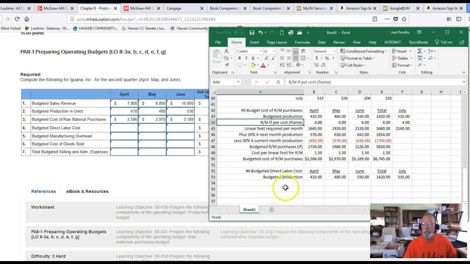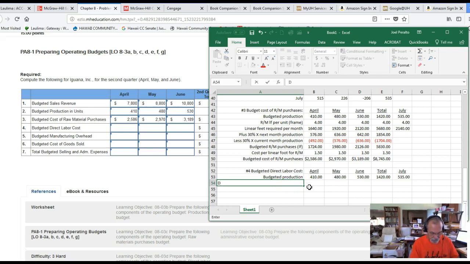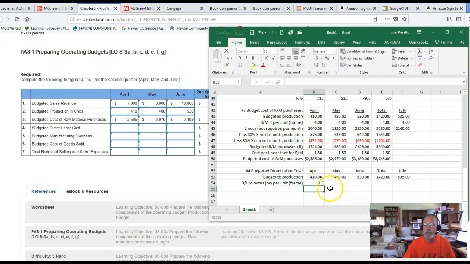So this will be direct labor minutes, and I'll say hour required per unit or frame, to be consistent. And so minutes is 30, but we'll use 0.5 hours.